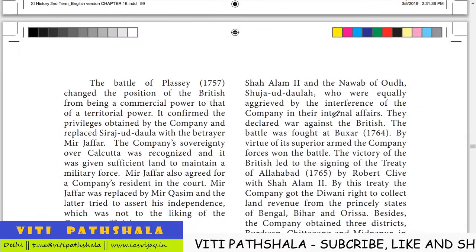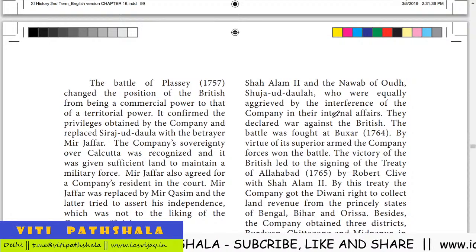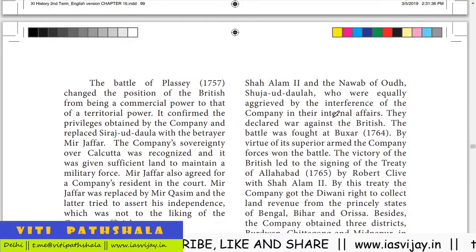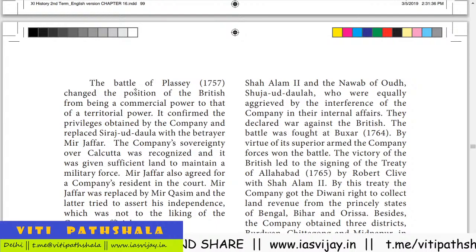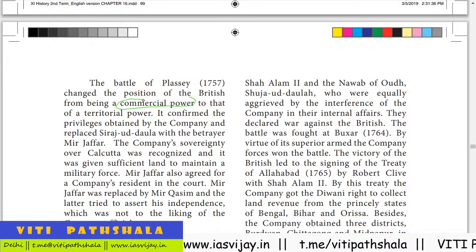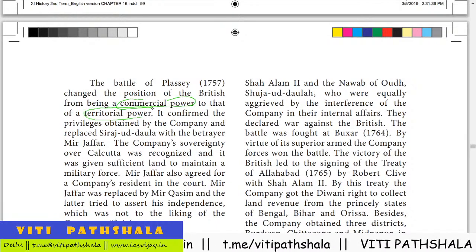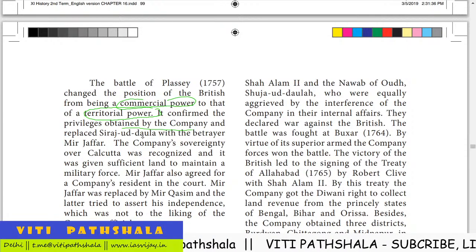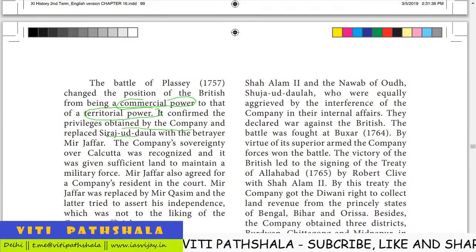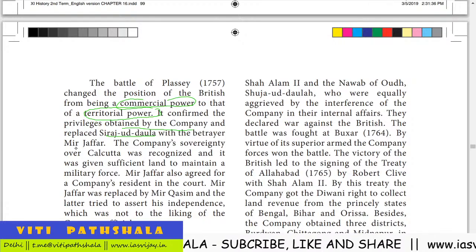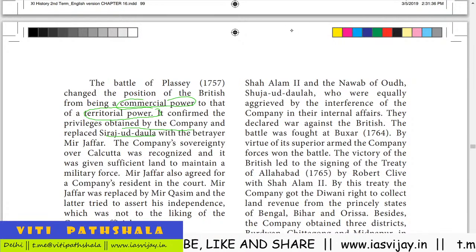Now, the Battle of Plassey, 1757, changed the position of the British from being a commercial power to a territorial power. It confirmed the privileges obtained by the company and they replaced Sirajuddaulah with the betrayer, that is Mir Jafar.